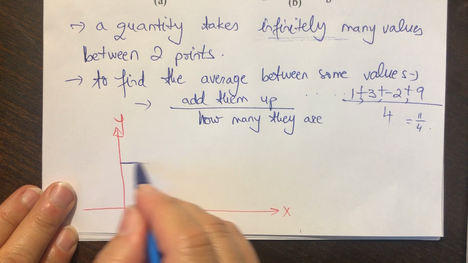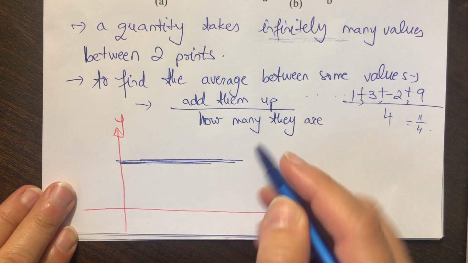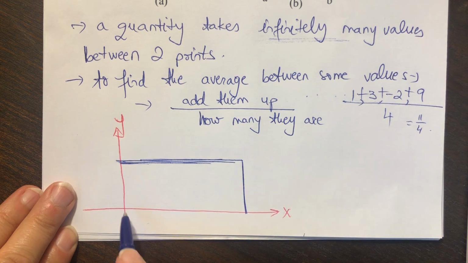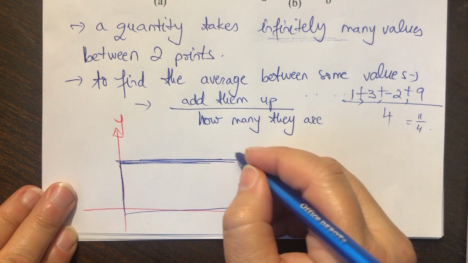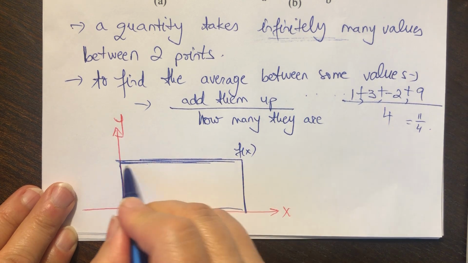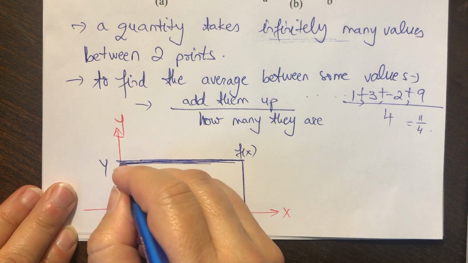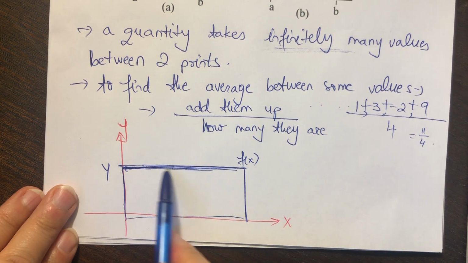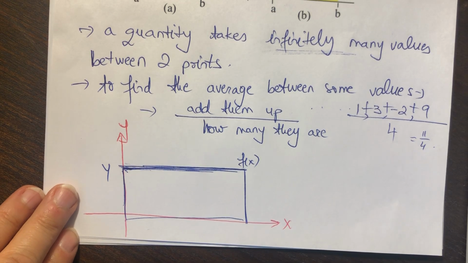Well, the height is the same, yes? So if the height is the same, then clearly the average value is this value, right? There's no secret that it doesn't go up and down to find an average. If it's all 5, the average of a bunch of 5s is just 5.